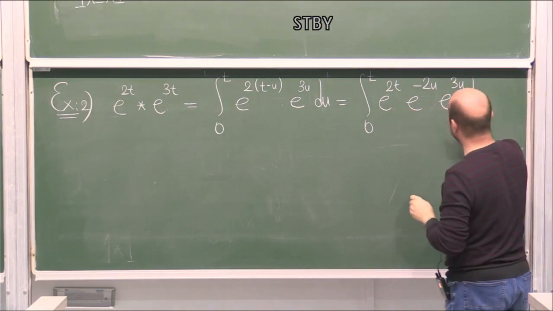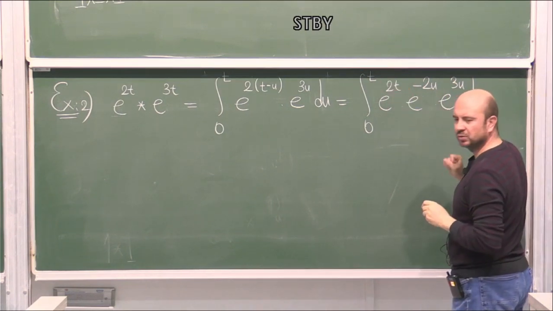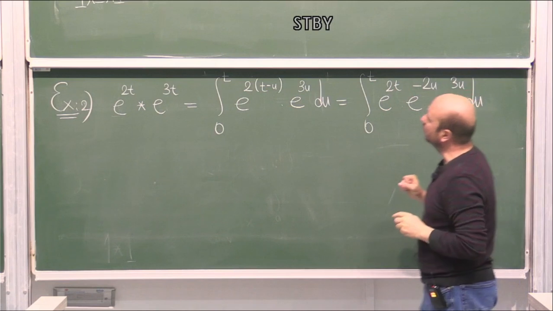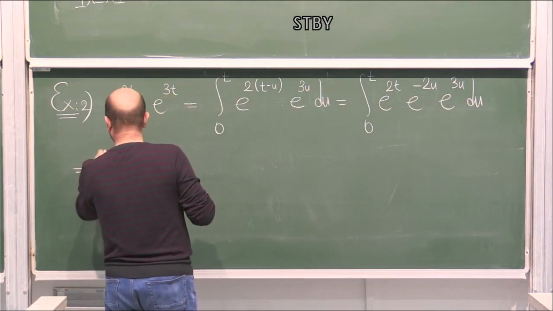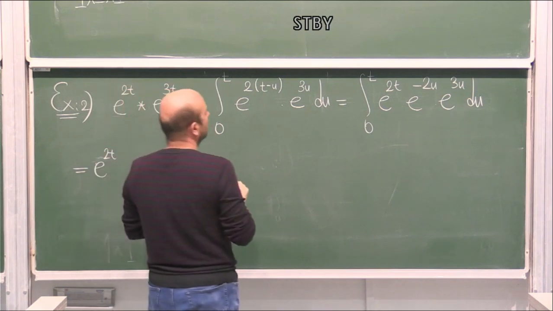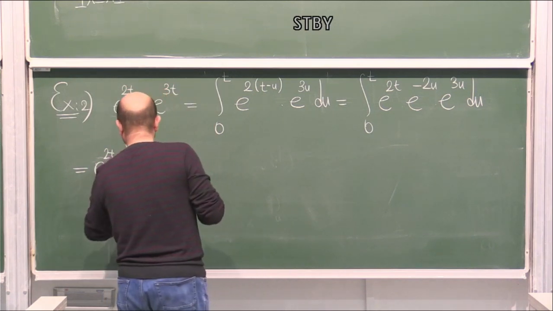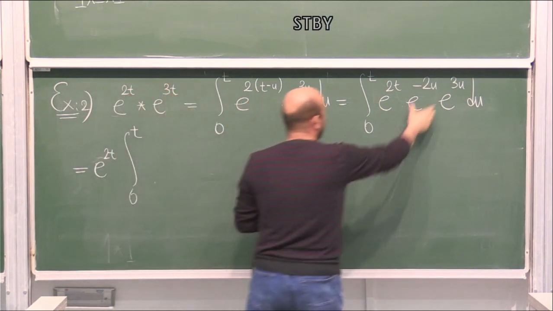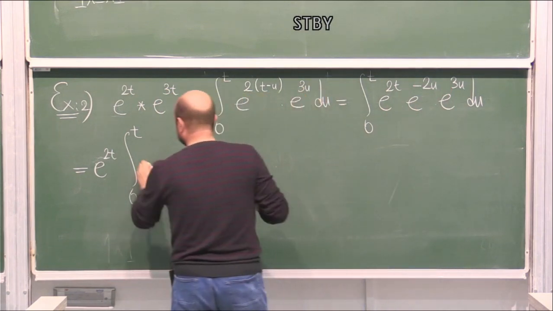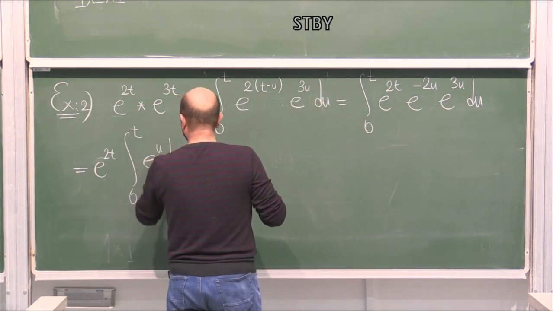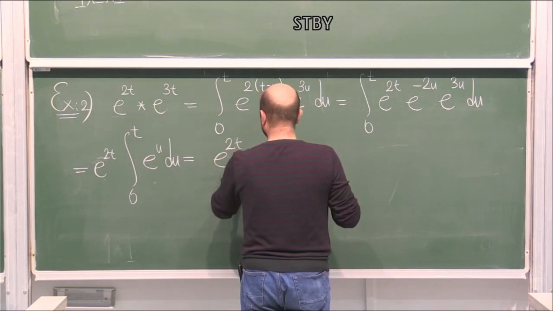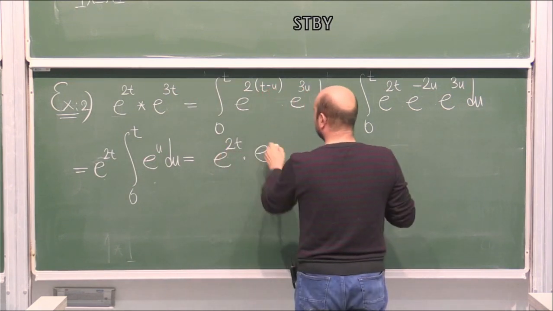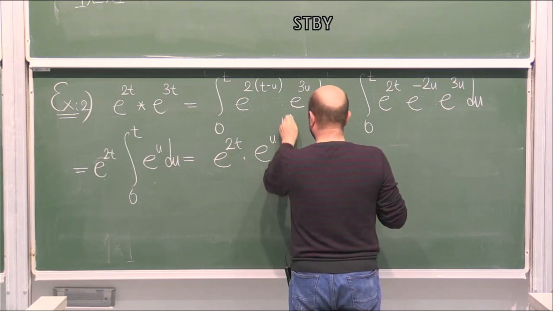I'm integrating with respect to u, so e to the 2t is constant with respect to integration, and you can take it out. We have e to the 2t, and from 0 to t, if you add the exponents, we have just e to the u du, which gives me e to the 2t times e to the u from 0 to t.